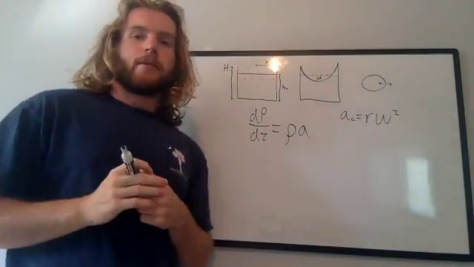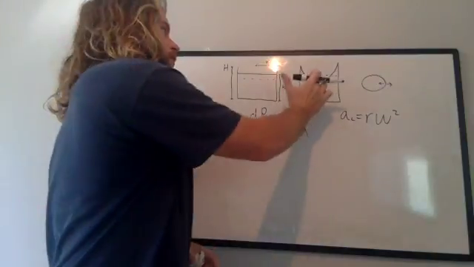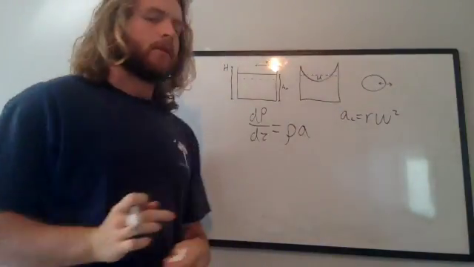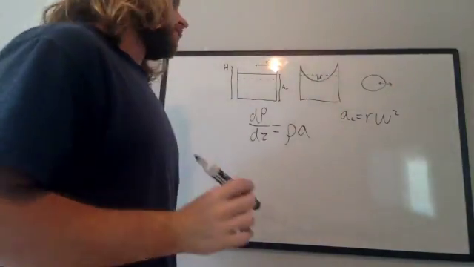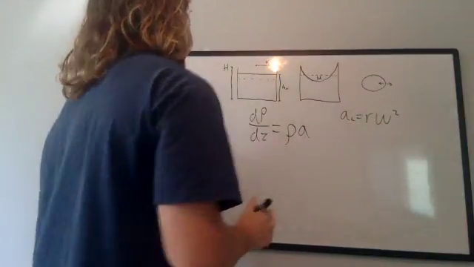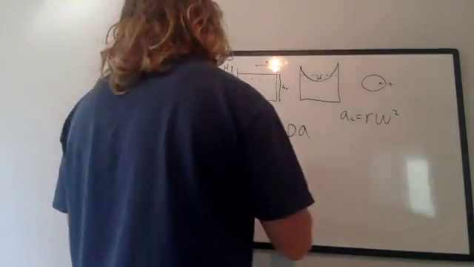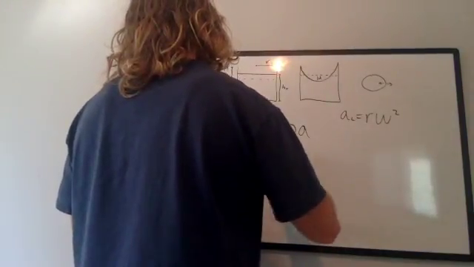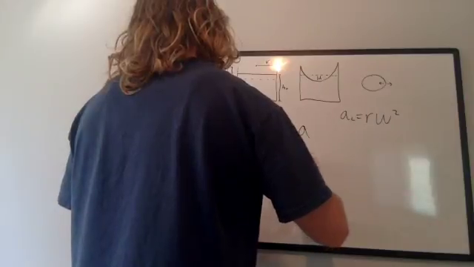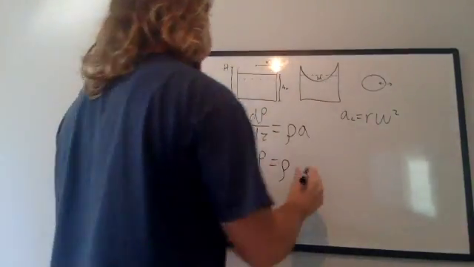What is the maximum angular acceleration we can get on this cup before the liquid will spill outside the edge of the cup, right? And basically we can go ahead and substitute this in for our a over here, and we'll go ahead and multiply dz over to the other side. So this, once again, is the density of the fluid within the cup.